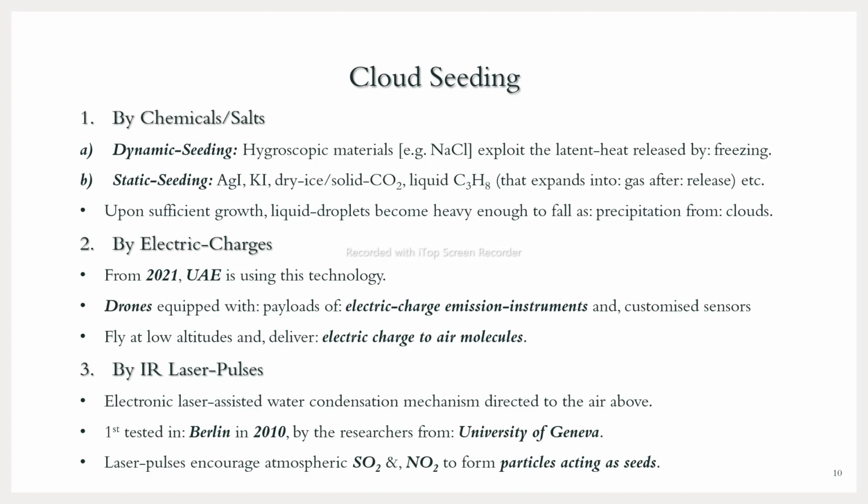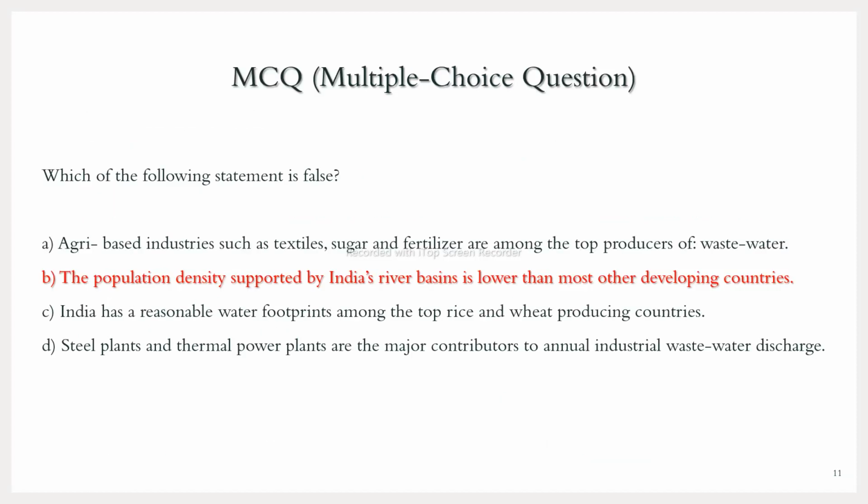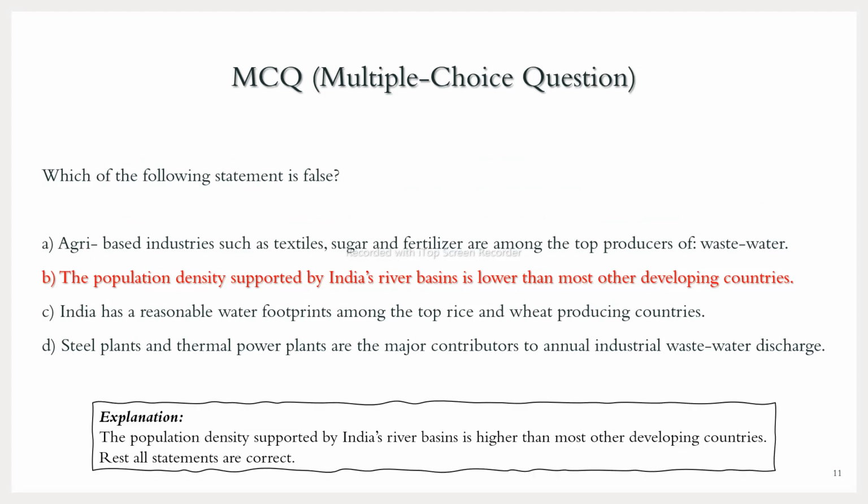Okay, let's come back to the previous question which we had. Option B is the correct answer. The explanation is that the population density supported by India's river basins is higher than most other developing countries.